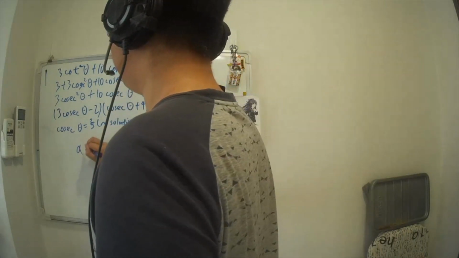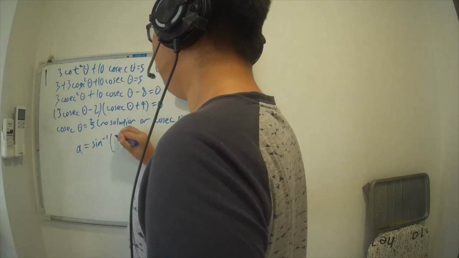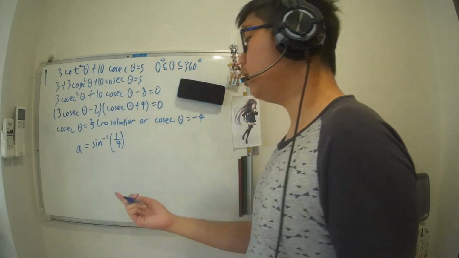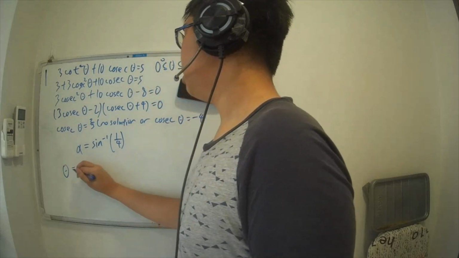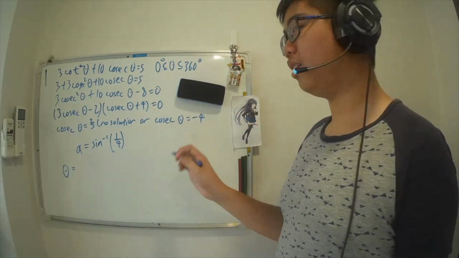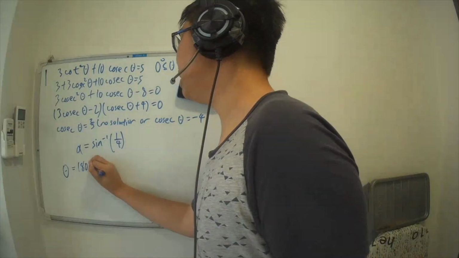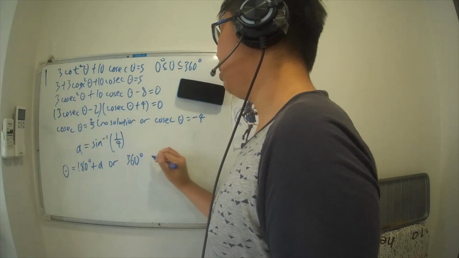So alpha will therefore be equal to the sine inverse of a quarter, right? And yeah, so therefore your theta, since this is negative, it will be third or fourth quadrant. So 180 degrees plus alpha or 360 degrees minus alpha.